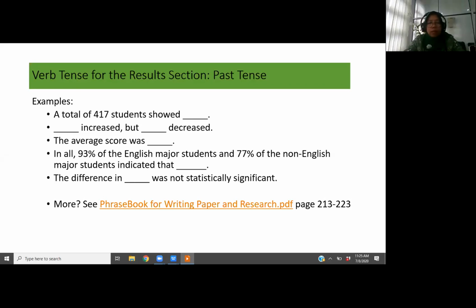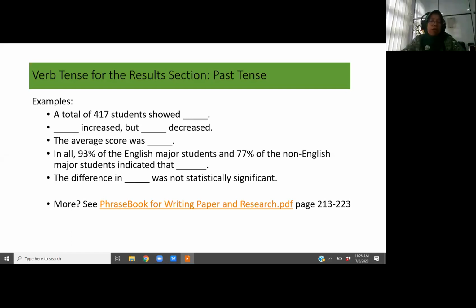And then the next one: in all, 90% of the English major students and 75% of the non-English major students indicated that they had difficulties in doing the TOEFL test, for example, or whatever the topic of your research. And then also, the difference in mean score was not statistically significant.